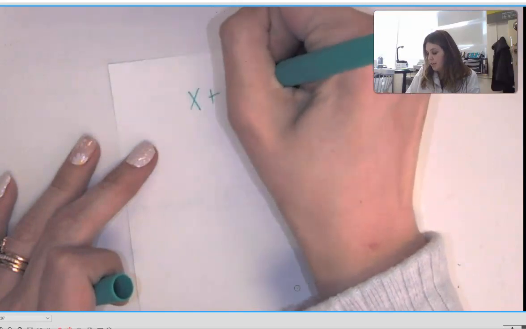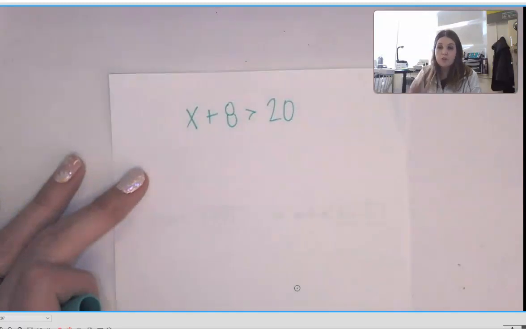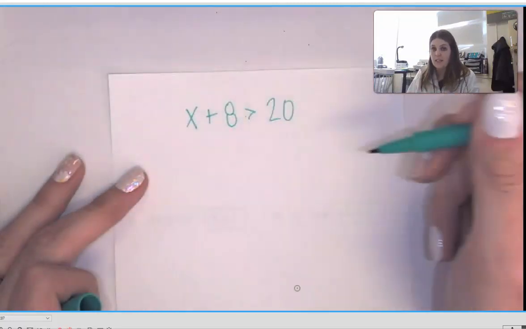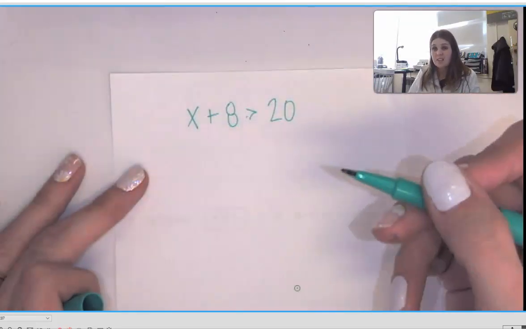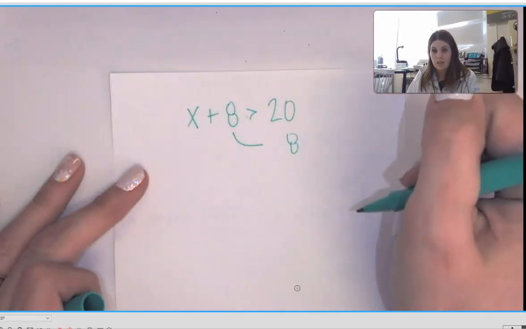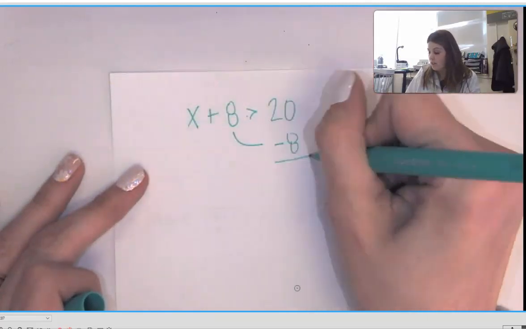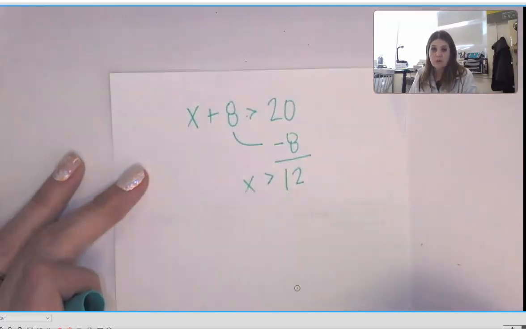So if I gave you an inequality that looked something like, let's do x plus 8 is greater than 20. If you solved this like this were really an equal sign instead of an inequality, lots of the time you're going to get your answer right. You need to move this 8 to the other side. You do the opposite of what you see. So what you have here is 12, and you just keep the symbol that you started with.